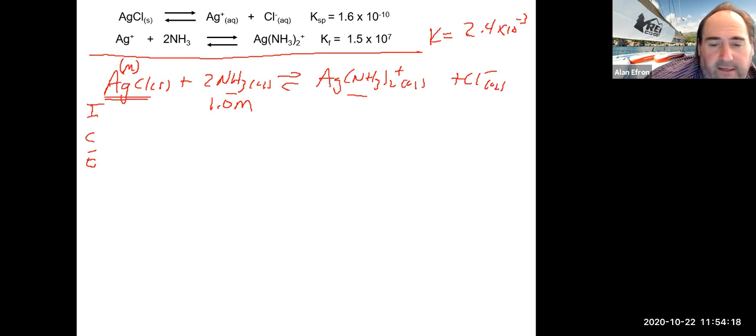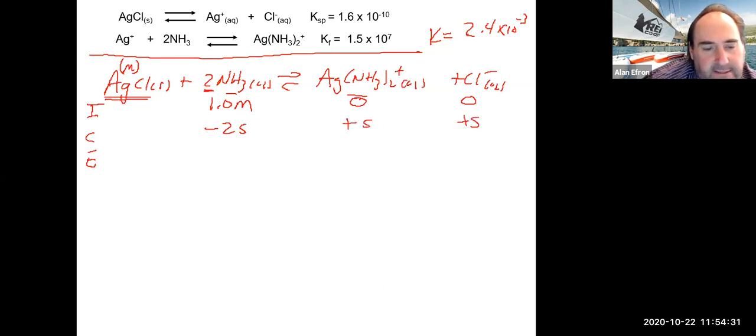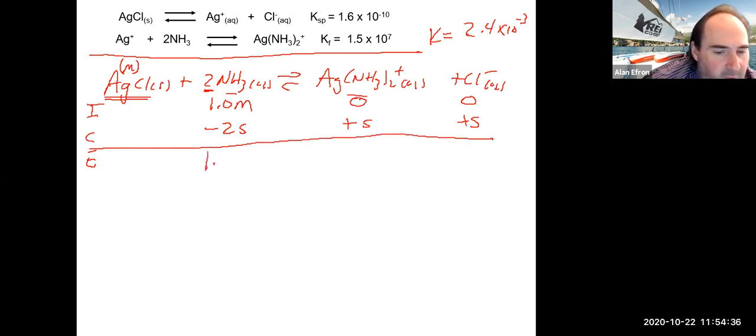We don't have anything on this side, so we'll do our zeros like normal. We're going to do minus 2s because of the 2, and plus s and plus s. This means that when we get to equilibrium, we will have 1 minus 2s, s, and s. So this is very much like a Ksp type table. Any questions on that so far?